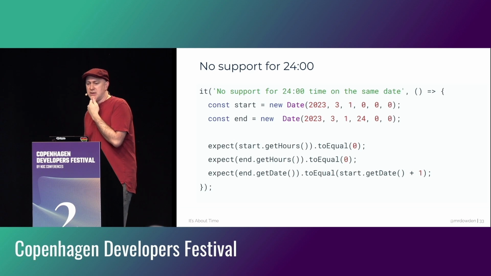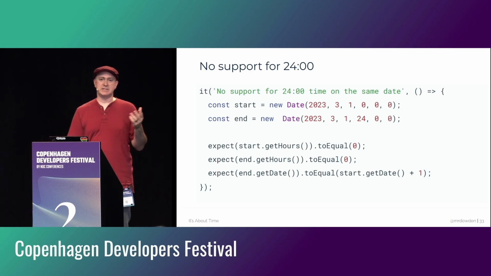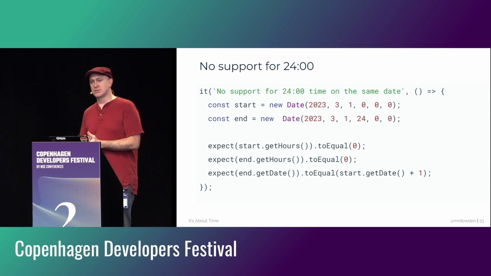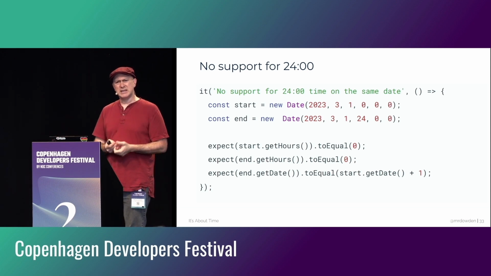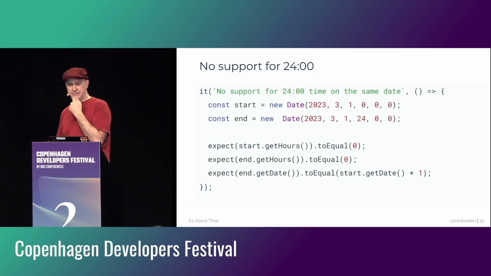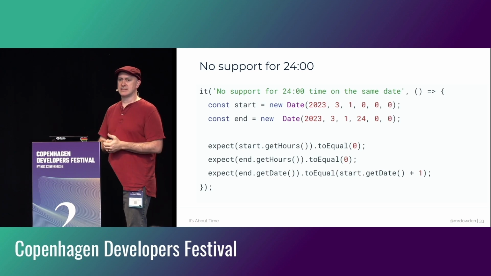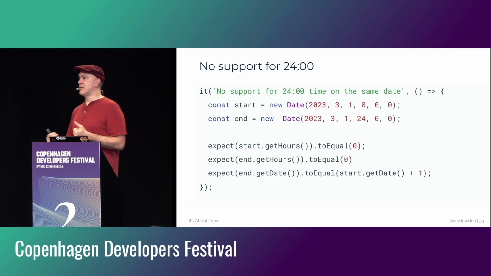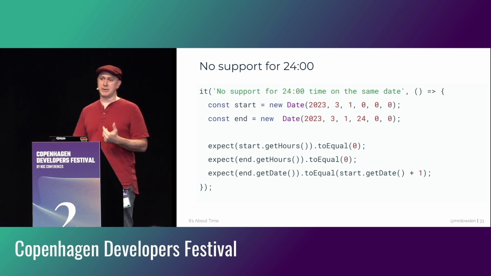So you may remember that I mentioned there are 2 correct answers to representing midnight on a given date. This is really, really important with JavaScript because it does time zones so badly and everything's in local time. So at least they could get this right, but they don't. 2400 actually rolls over to the next day. So that means that now the days no longer match, and I can't do the math that I wanted because I'm not actually comparing against 24.